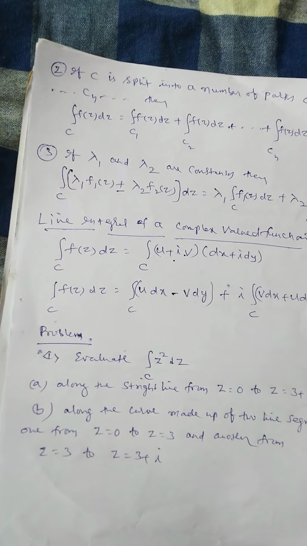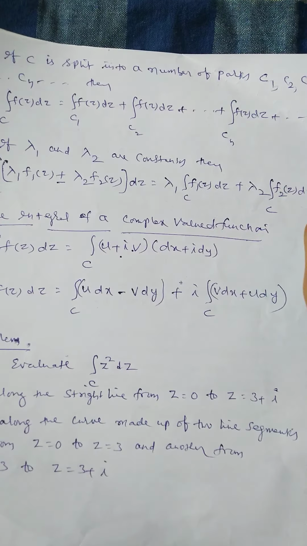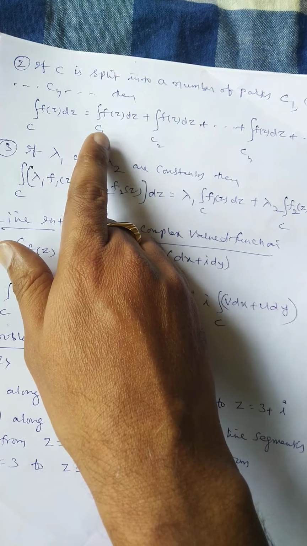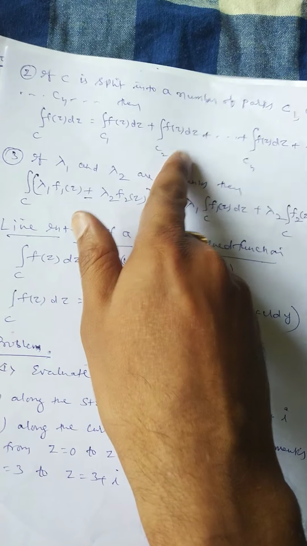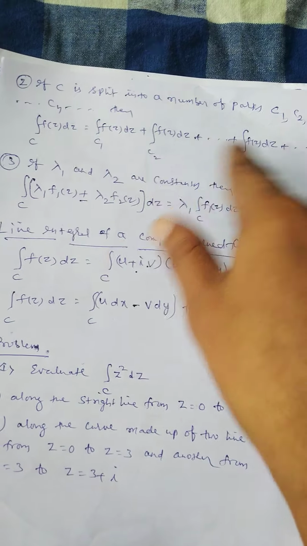If c is split into a number of paths, likewise c1, c2, c3, and so on up to cn, as per the property of definite integral, I can write integral over c f of z dz as the integral along c1 plus along c2 plus along c3, and so on.